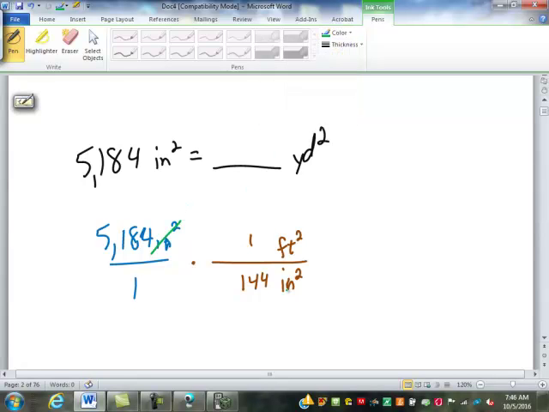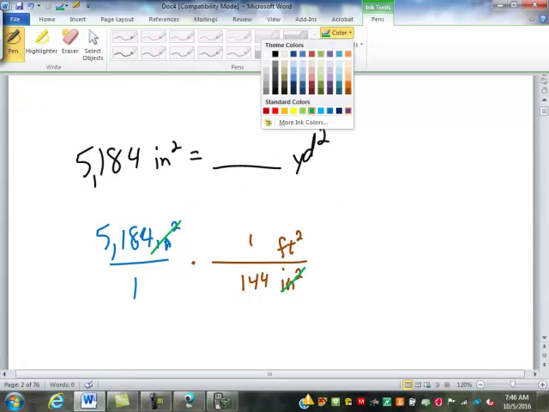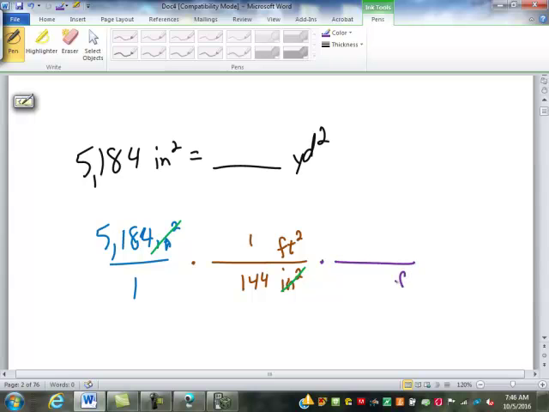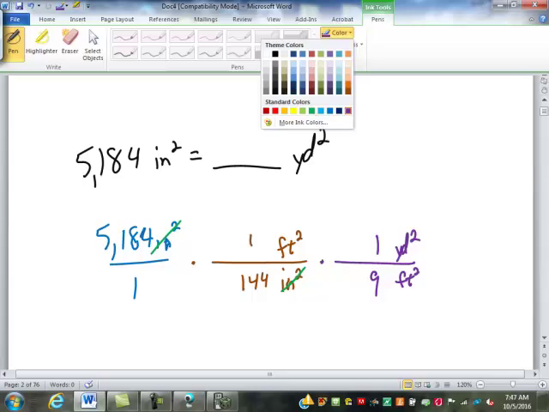Square inches would cancel out. And then the next step, I'd want to get rid of the square feet and go to square yards. What's going to go in here for numbers? Where's the 1 go? The square yards or square feet? Square yards. 1 square yard is how many square feet? 9. So the square feet cancel out.